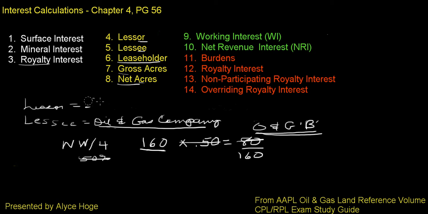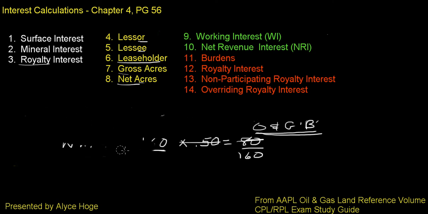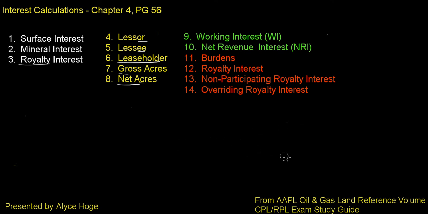Okay, so now let's go on to what I call the money interest, and that is the working interest and the net revenue interest. So we'll go over those first. And basically, the working interest is what says who pays the bills.